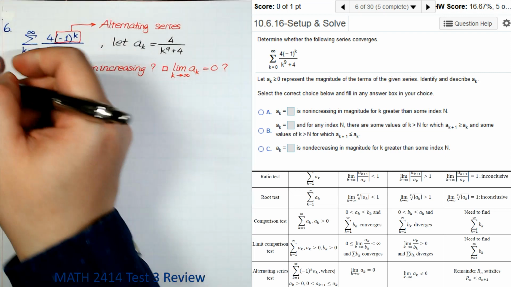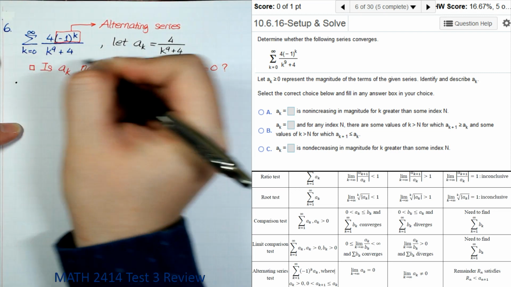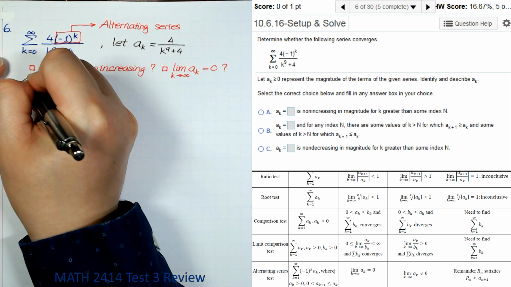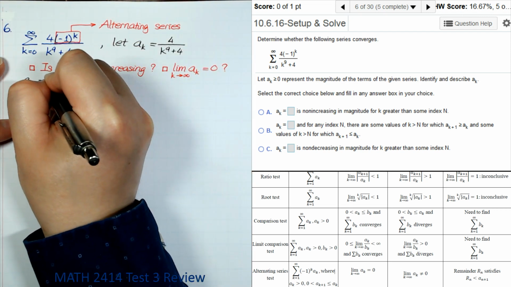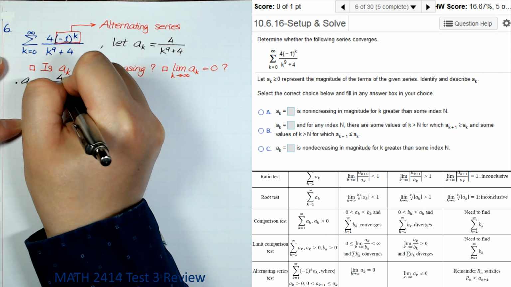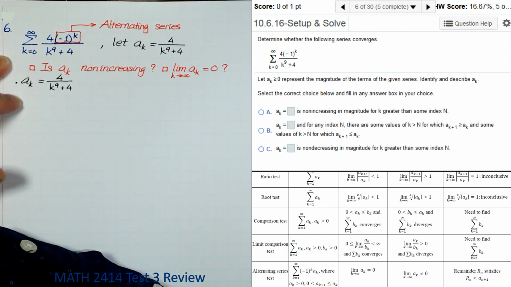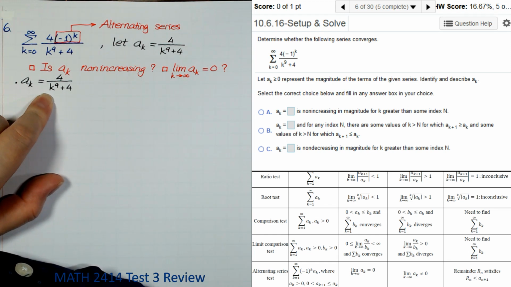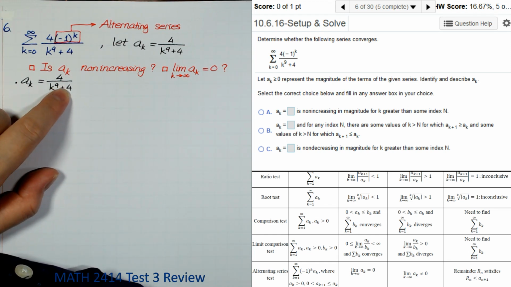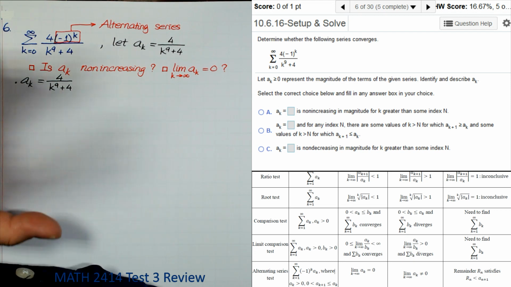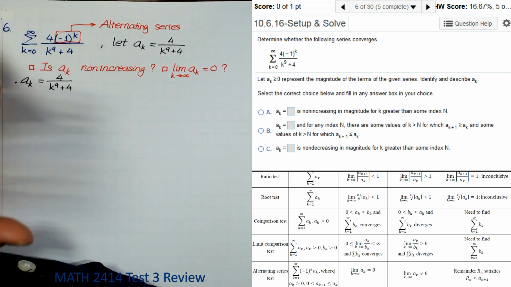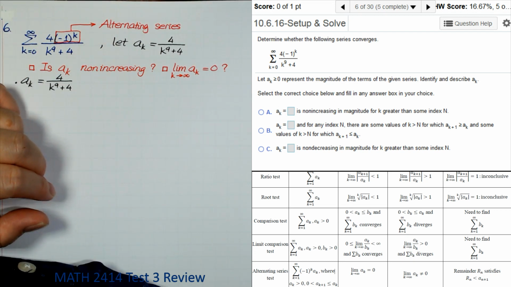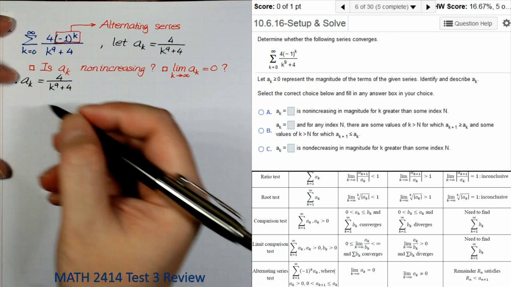So the first one, when we look at 4 over k squared plus 4. Now, as k gets bigger, the bottom gets bigger. If the bottom is getting bigger while the top stays constant, the quotient gets smaller, right? So let's summarize as follows.